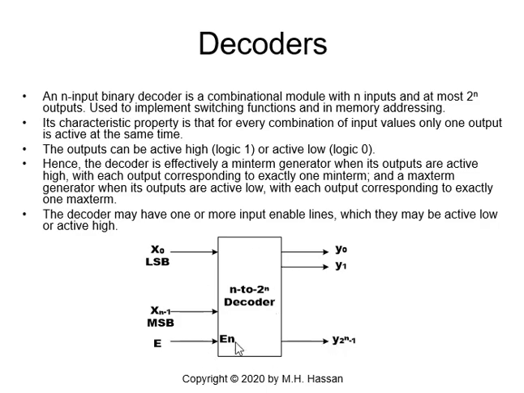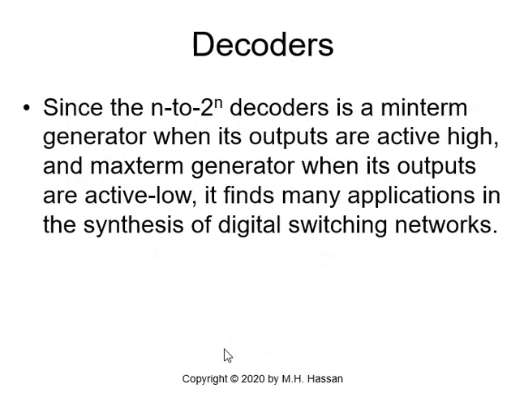So this is the general block diagram of the decoder. Clearly, since the decoder is a minterm generator, with outputs active high, and a maxterm generator with outputs active low, it finds many applications in the synthesis of digital switching networks.